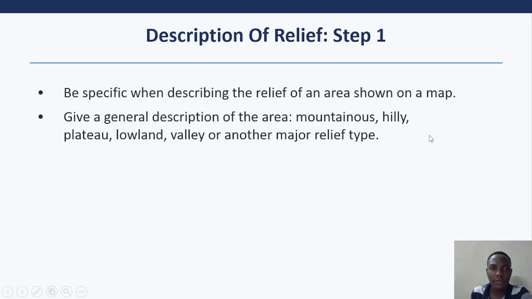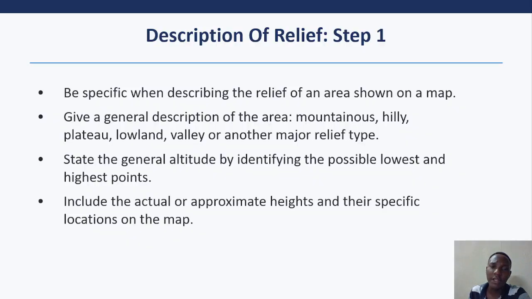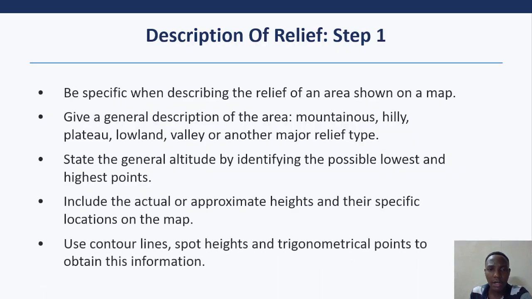Then state the general altitude, identifying the possible lowest and the highest points by looking at the contours. Include the actual or approximate heights and their specific locations on the map, and use contour lines, spot heights, and trigonometrical points to obtain this information.